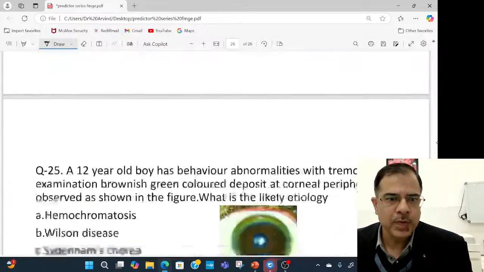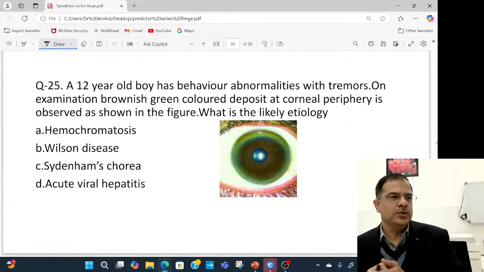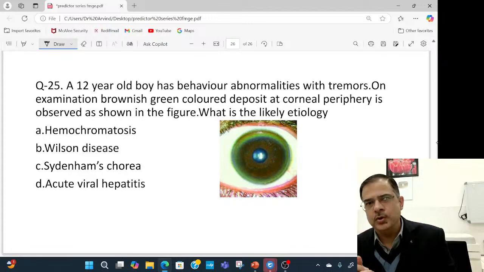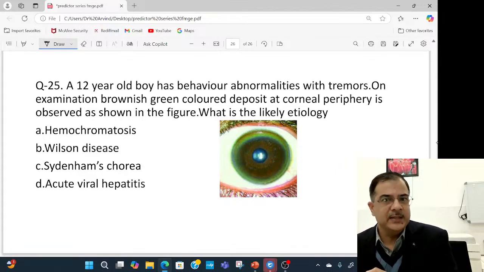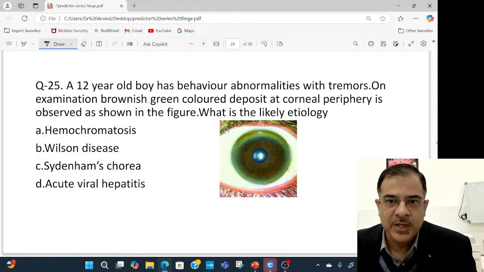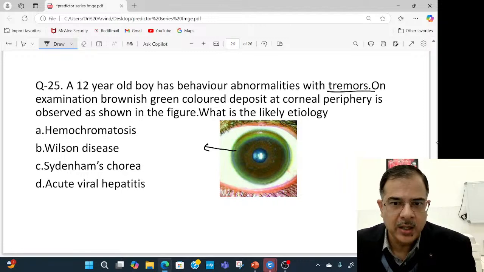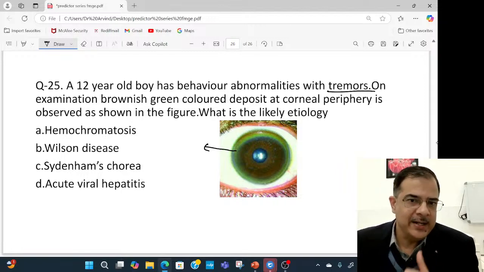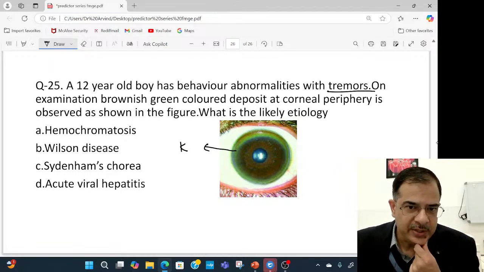Now, moving on to the last question. The last question is on chronic hepatitis. The patient is a 12-year-old boy, presents with a CNS abnormality like tremors, and there is a brownish green colored ring around the cornea. What is the likely diagnosis? So, this ring is the KF ring, the classical diagram.